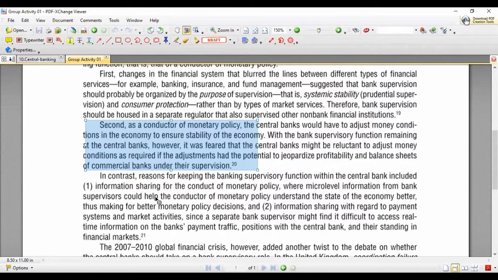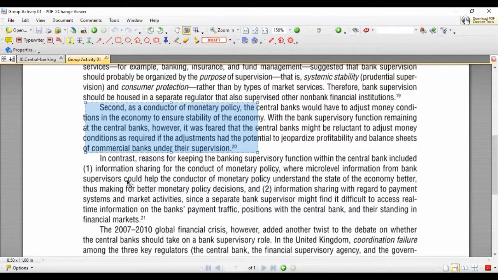But in contrast, on the other hand, these are the reasons they point out that the central bank should conduct the supervision. The very first thing they say is that the central bank, being the conductor of monetary policy, can access micro level information from bank supervisors. So when they have the supervisory function, they can access the information held by the commercial banks.